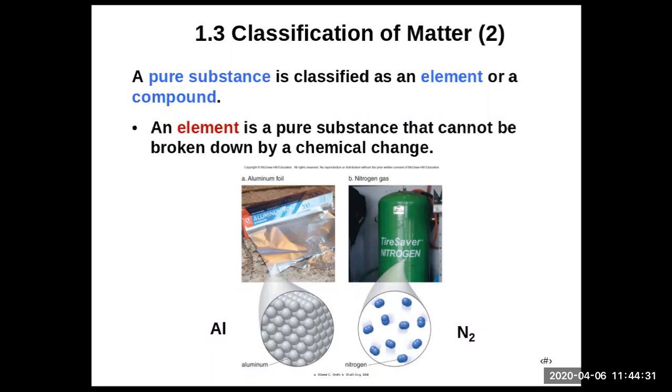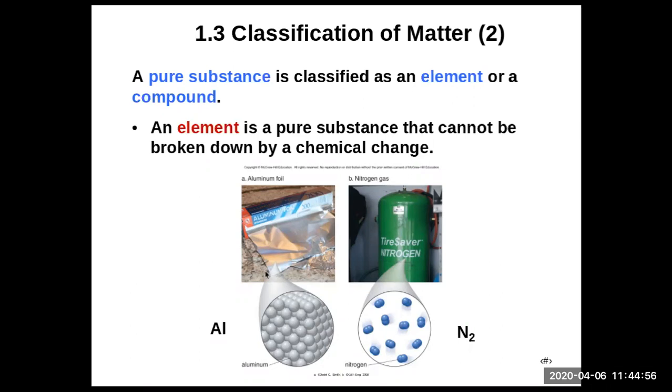It's all the elements that are found in nature. For example, aluminum is one element, and when you have aluminum foil in the kitchen, this is a pure substance. It's just made of aluminum atoms. And if we were able to see at the atomic level, we would see only atoms of aluminum packed together.